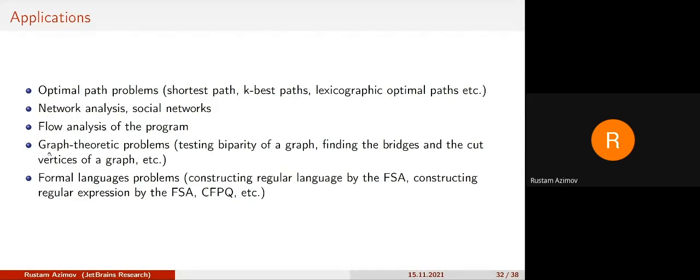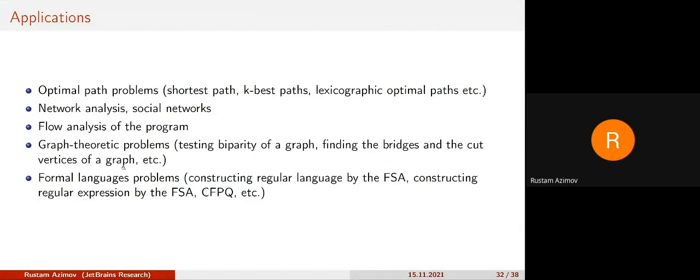And a lot of graph theoretic problems which do not use paths directly. For example, we don't want to find some paths. We want to test the bipartiteness of a graph, or find the bridges and the cut vertices of a graph.